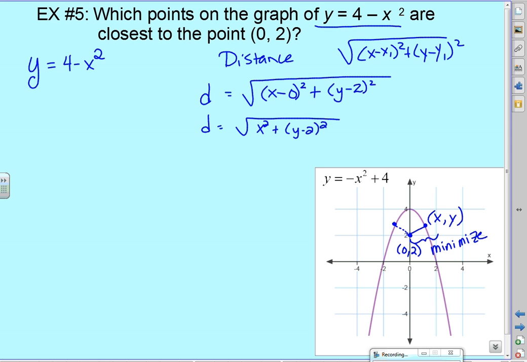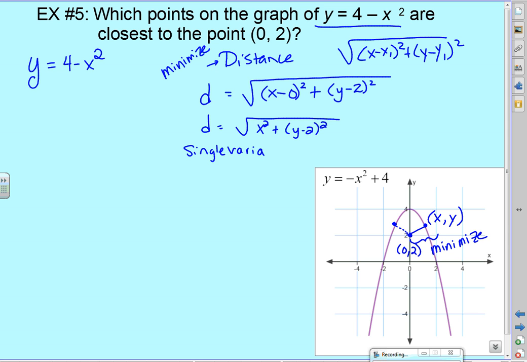I'm not real thrilled about having the 2 variables in there. Since distance is what I want to minimize, this is the equation I'm going to take the derivative of, so it'd be best if we can get it down to a single variable.